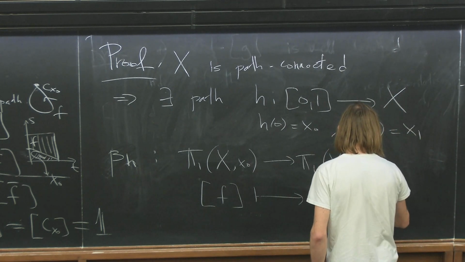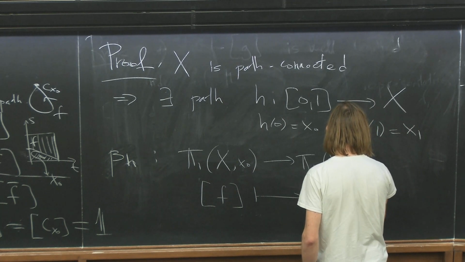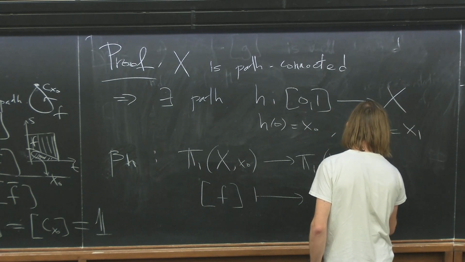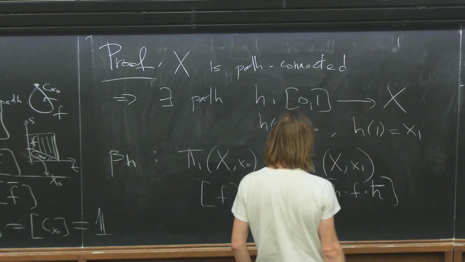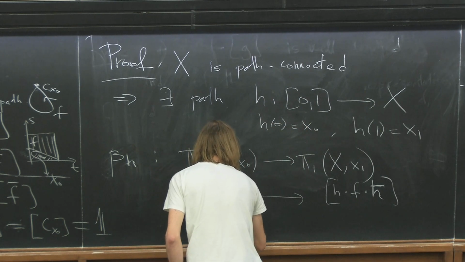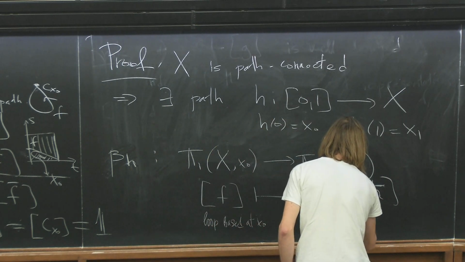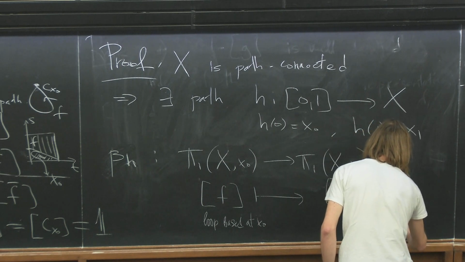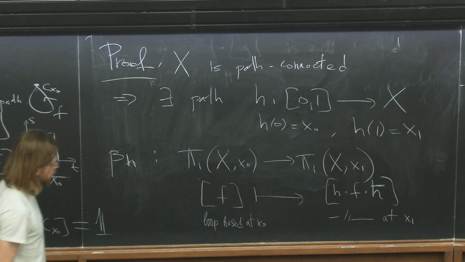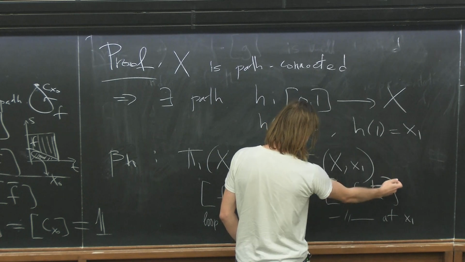So we send this loop to the loop H bar composed with F composed with H. This is a loop based at x1, while F is a loop based at x0. Again, the order of composition of paths is not important as long as we are taking the equivalence class.